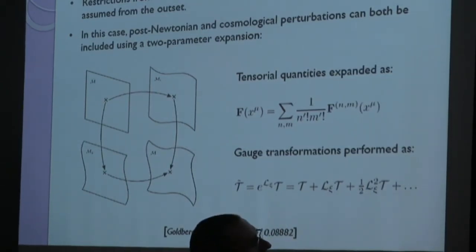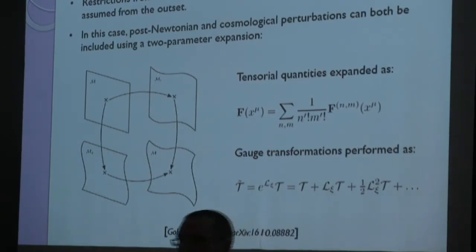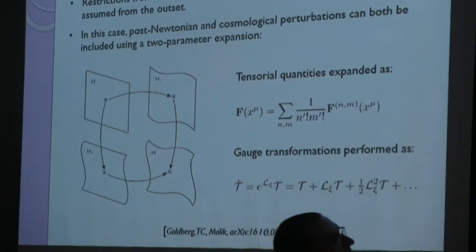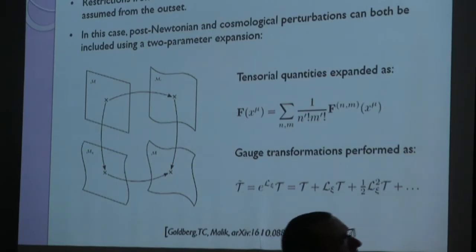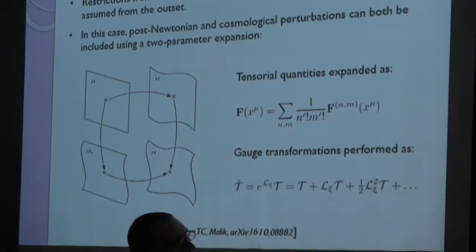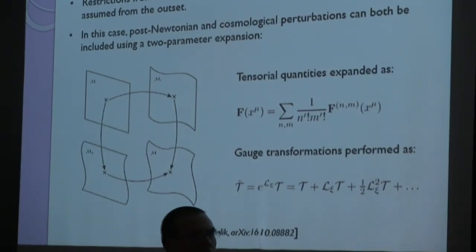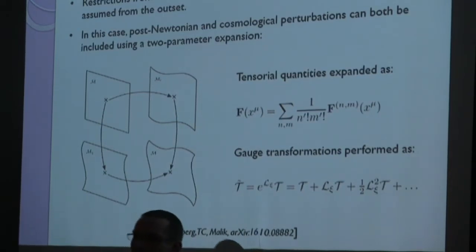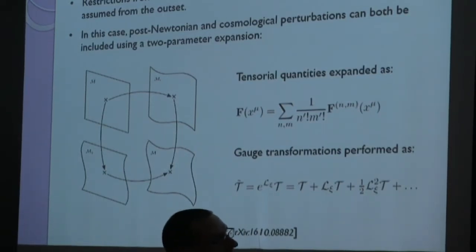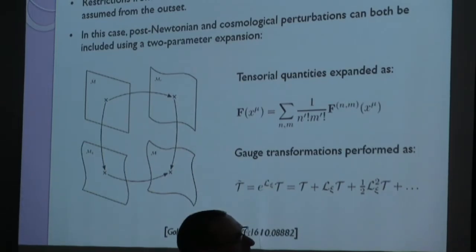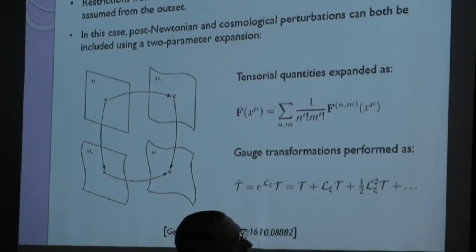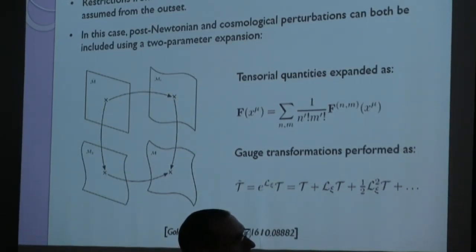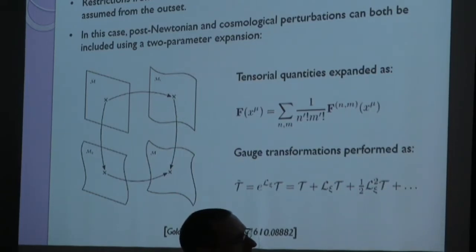And that looks like a two-parameter perturbative expansion of this postulated FLRW background. So the idea here is that you've got the real universe, which has both large wavelength and small wavelength fluctuations in it, and this is a perturbation in the post-Newtonian expansion, and then a perturbation in the cosmological sense.